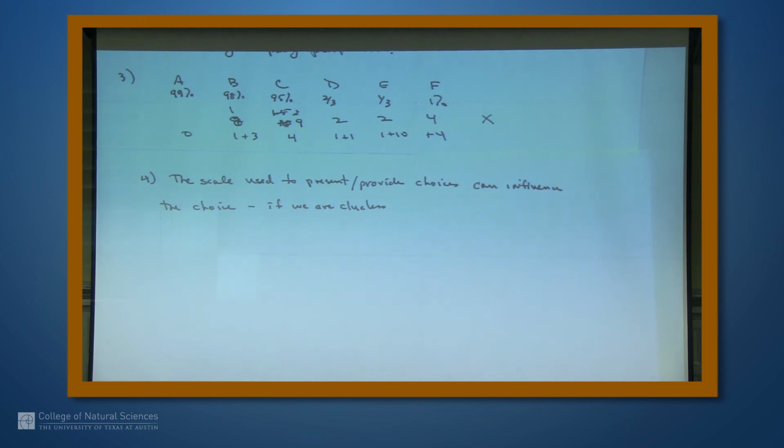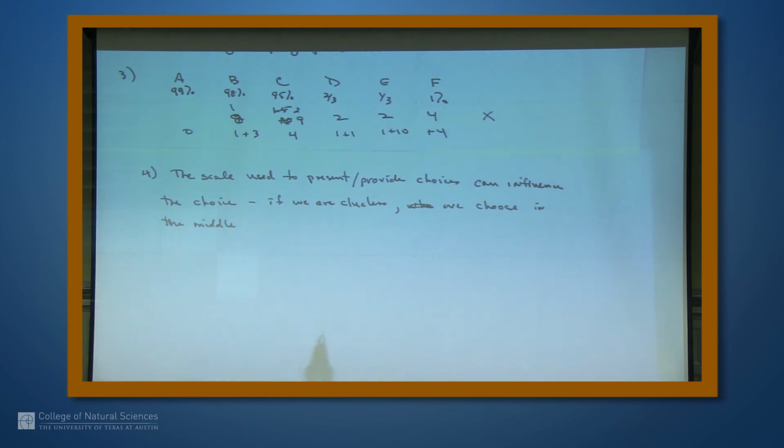Yeah, they go for the middle. Whatever the range is, if you haven't a clue, people aren't going to pick the extremes. They choose the middle. That's not saying exactly in the middle, but away from the edges.